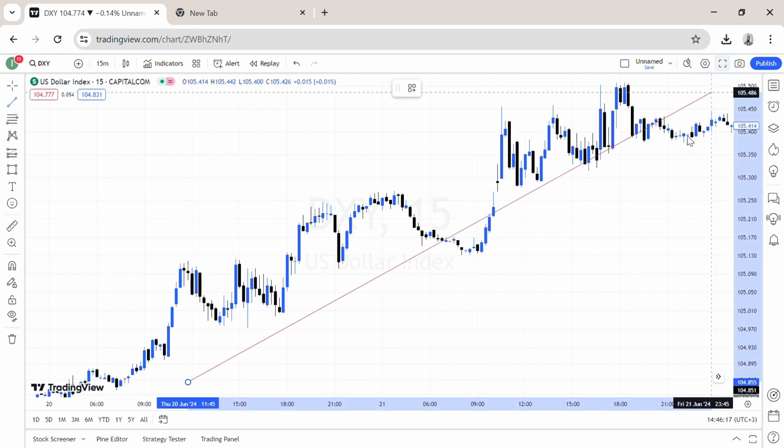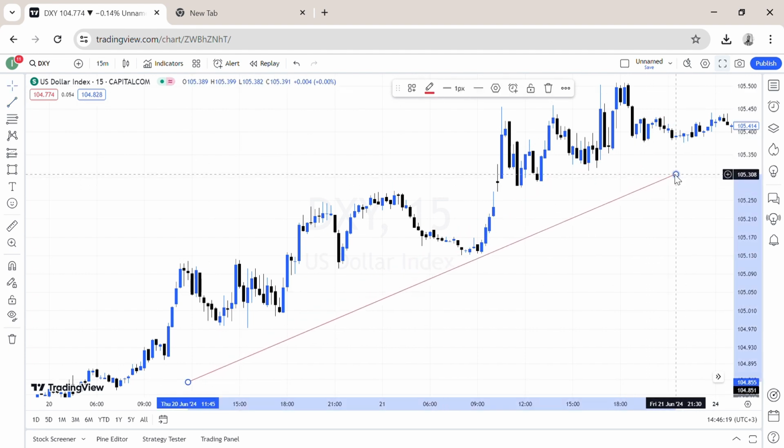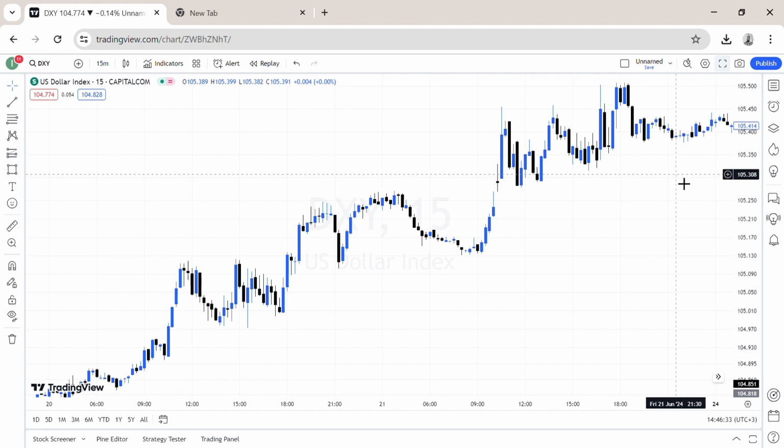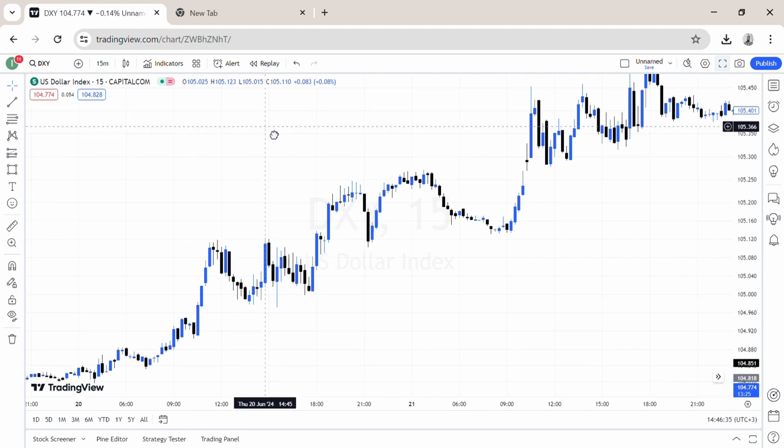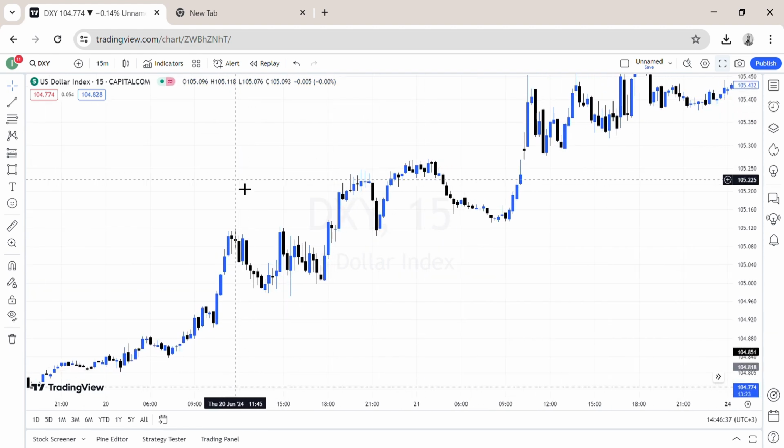So like this, you can see that this has been bullish. Okay, now having the first bias, the first argument that this is bullish, where do you buy, where do you sell? Okay, let's begin right here.